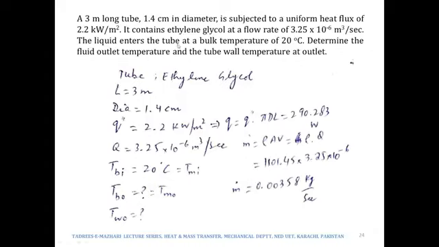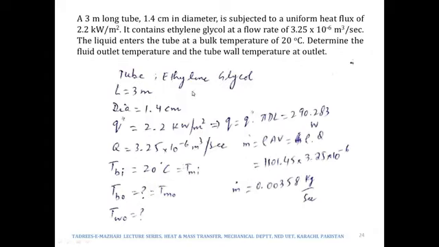The liquid enters the tube at a bulk temperature of 20 degrees Celsius. So that would be Tbi, or what you call Tmi. In our book they represent this mean temperature as Tm, whereas in some texts they write that bulk temperature as Tb.